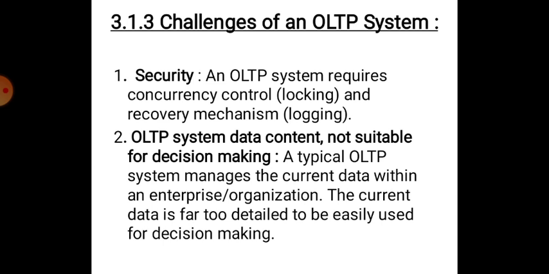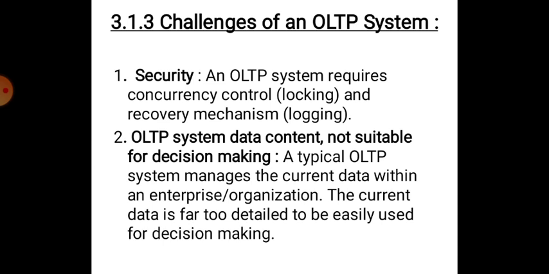Point number two, online transaction system data content is not suitable for decision making. That is, a typical OLTP system manages the current data within an enterprise or organization. The current data is far too detailed to be easily used for decision making.